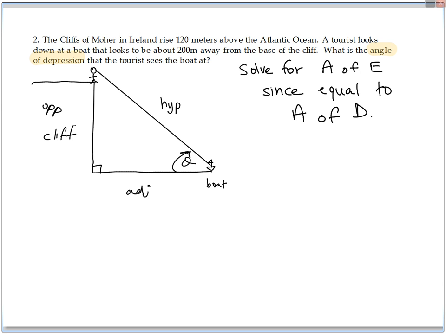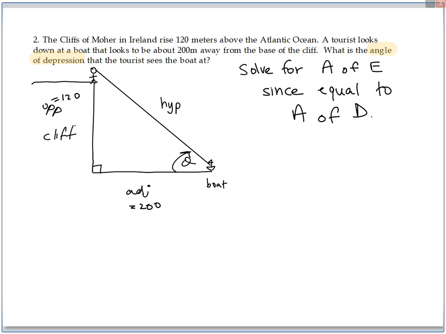Okay, let's put in what I know. Where does the 120 meters go? Up, because it's the above the ocean, the cliff. Where does the 200 go? Adjacent, because it's from the base of the cliff to the boat.